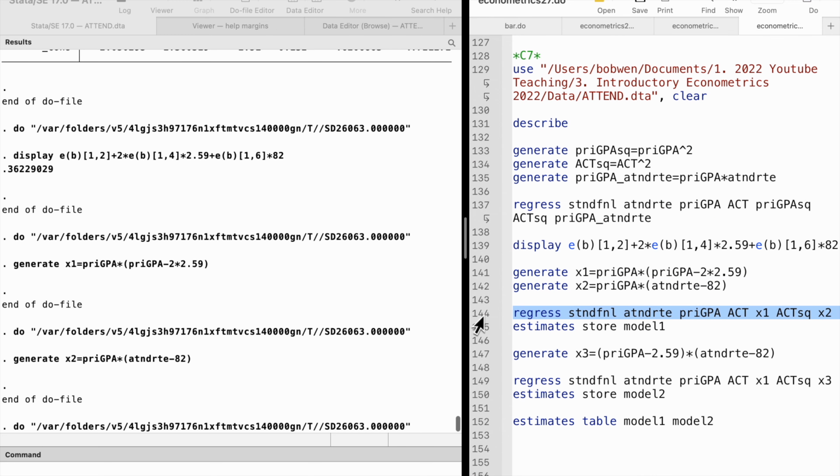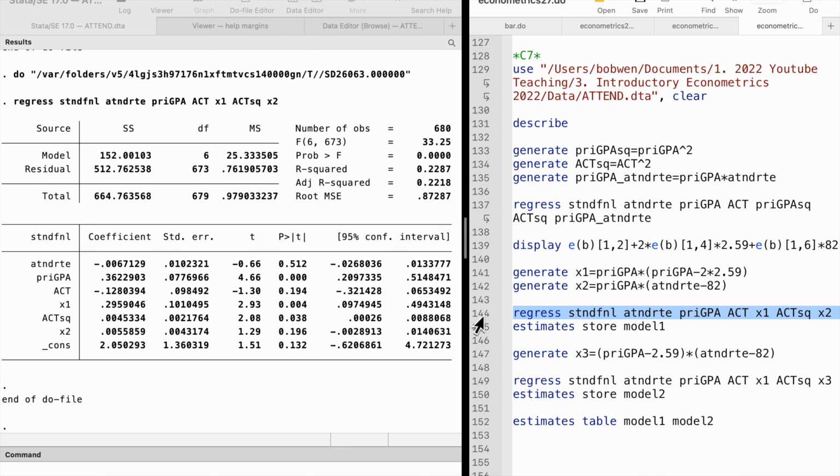Then we run the new regression model and obtain the estimate for theta 2, which is identical to the result in part 1, 0.362. We can read the standard error of theta 2 hat, 0.078. The effect is statistically significant.